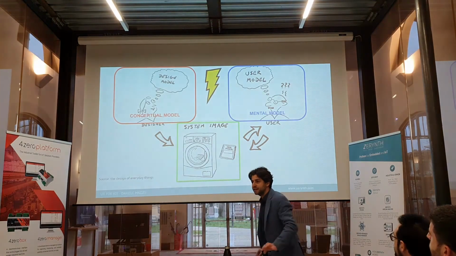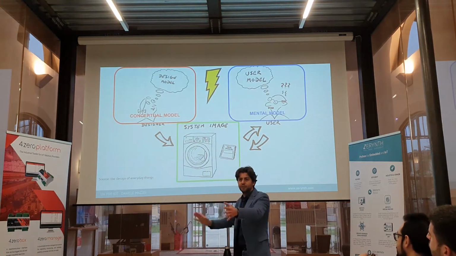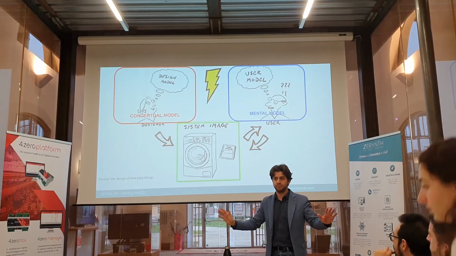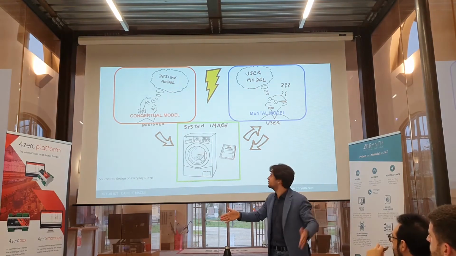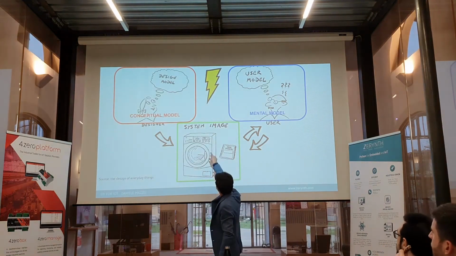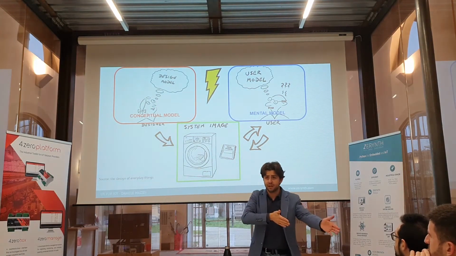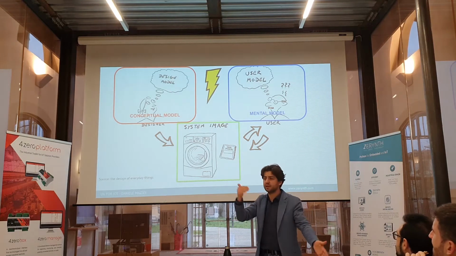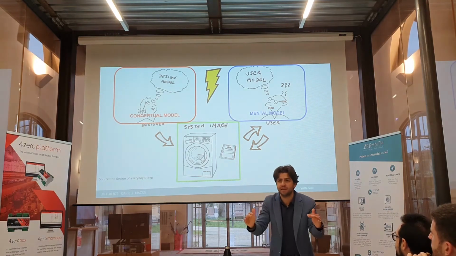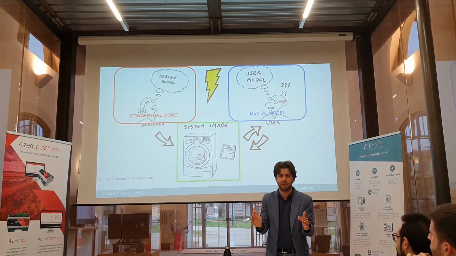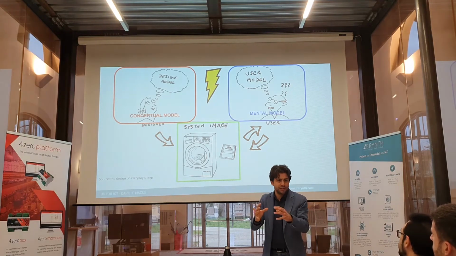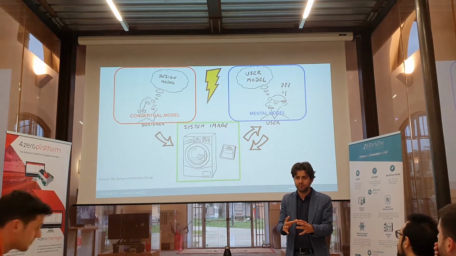When the product leaves the door of the company, that's all. You decided to put 1, 2, 3, 4, 5 buttons because you designed a conceptual model for that functionality, that's all. You can't add a button. You can't remove a button anymore. The conceptual model is fixed inside the product.